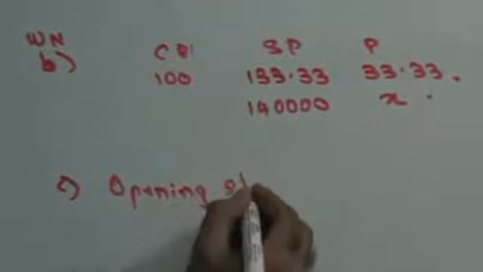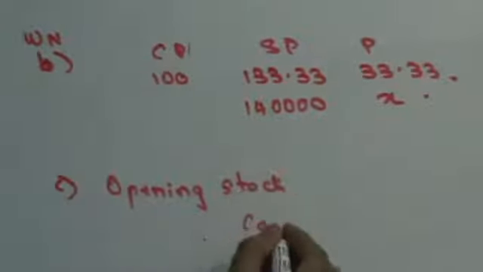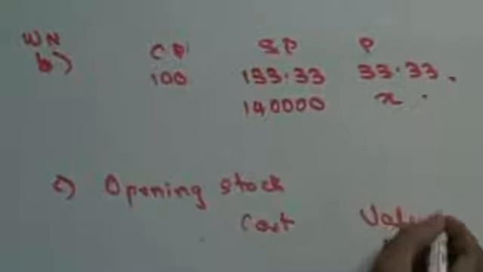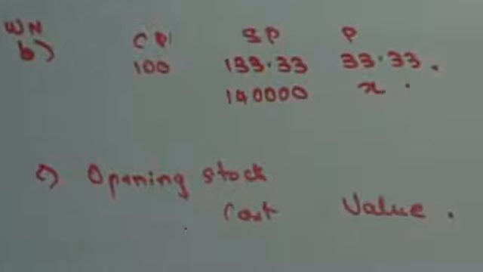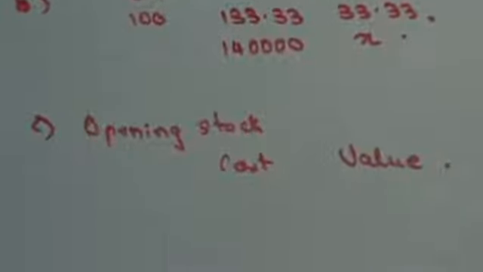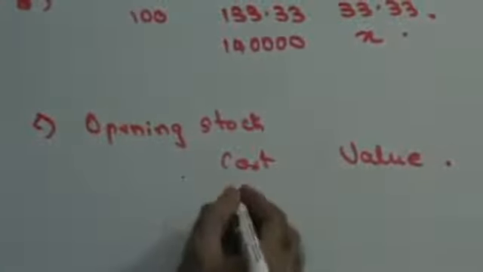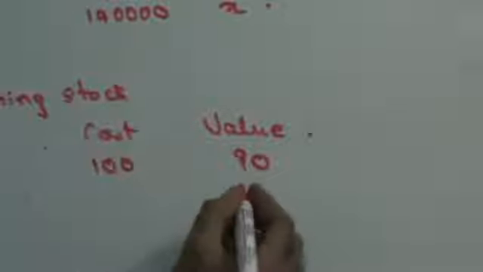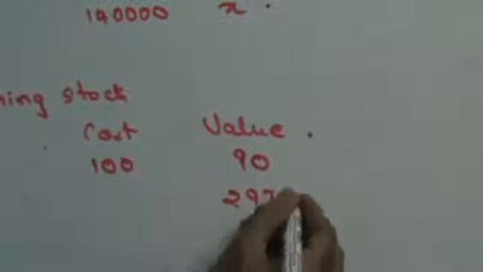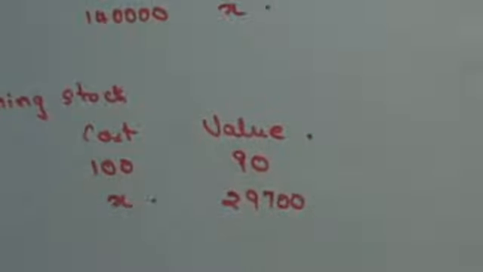Opening stock. Let's see the adjustment on opening stock. They've given you that stock in the beginning is calculated at 10% less than the cost. That means if cost is 100, value is going to be 90. Value we know is 29,700. Therefore, you can find out the cost.